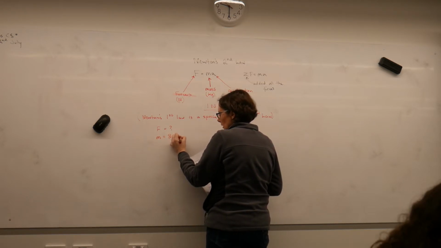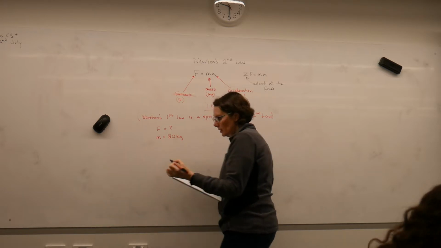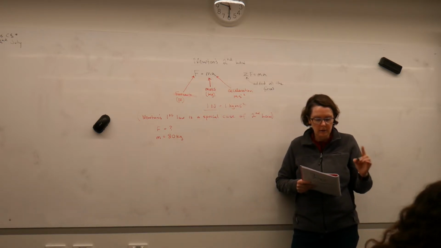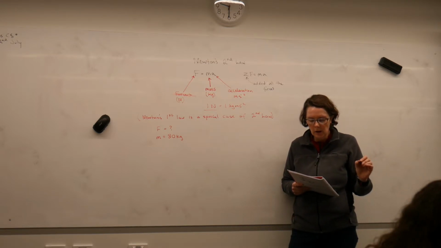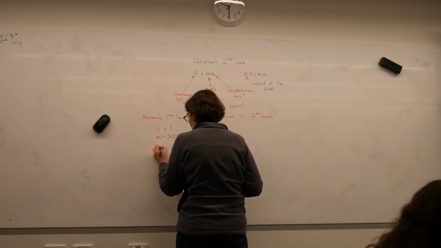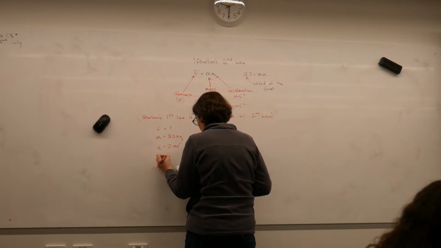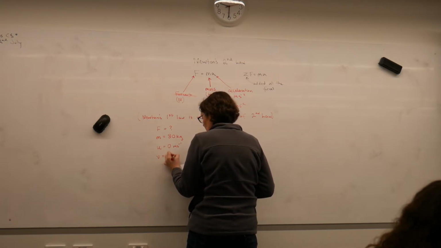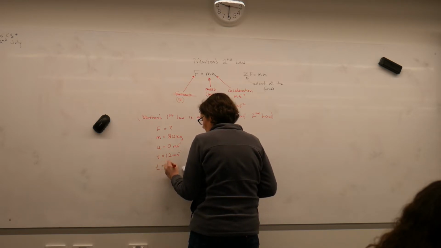The athlete weighs 80 kilograms, and they are accelerated from rest to 12 meters a second in 5 seconds. So we know the initial velocity is 0, we know the final velocity is 12 meters a second, and we know that this took place over 5 seconds.